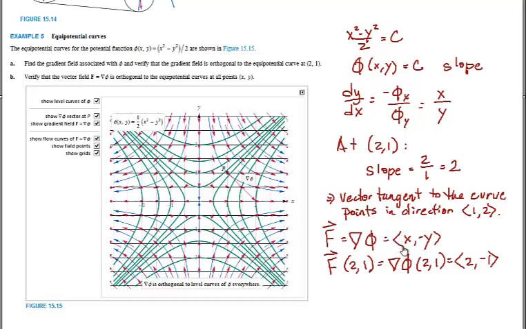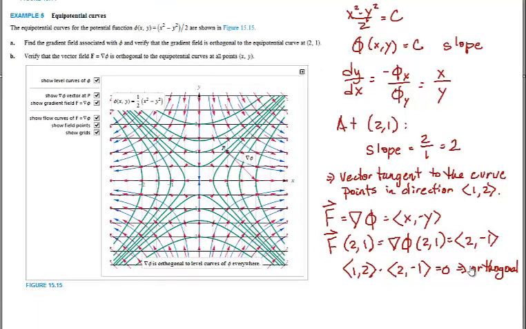And the dot product of the tangent vector 1, 2 and the gradient is equal to 0, therefore orthogonal.